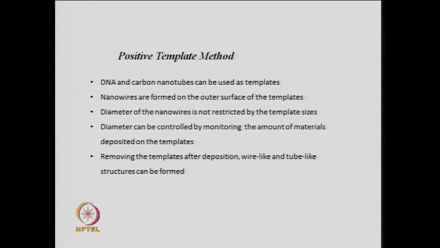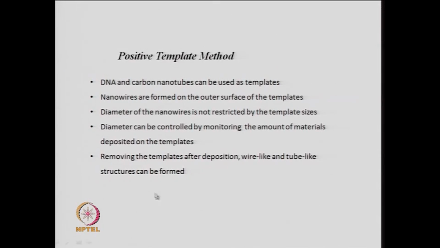Now, so far we looked at the negative template method. Let us discuss some examples of the positive template method, that is where you have a template and you grow your nanostructured material on top of the template, not in the pores of the template material.